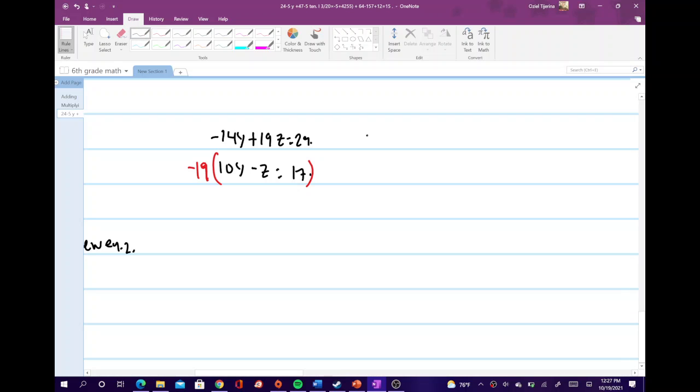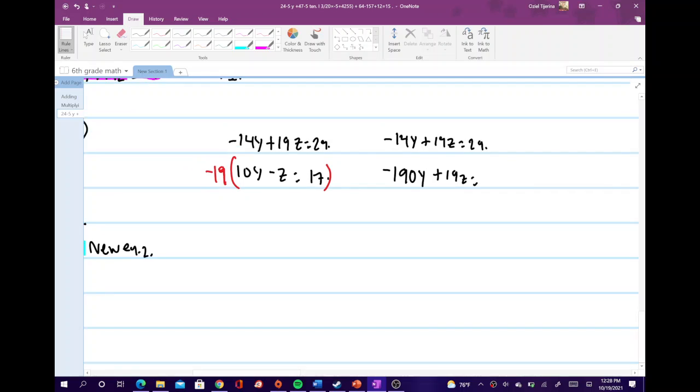So I'm going to have negative 14y plus 19z equals 29. And then negative 19 times 10 is negative 190y plus 19z is equal to, let's see here, 19 times 17 is 323, right?